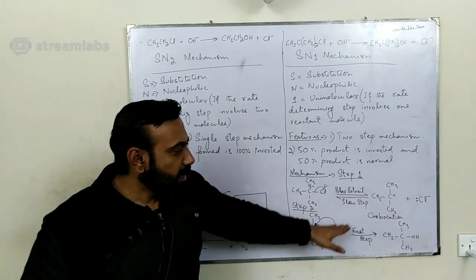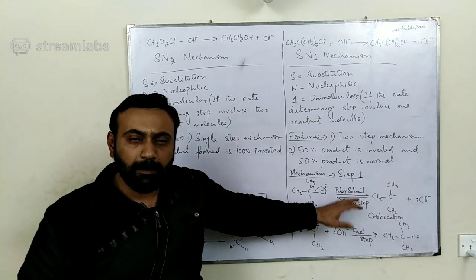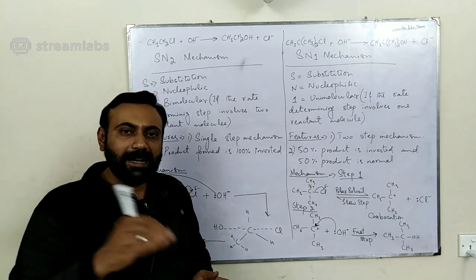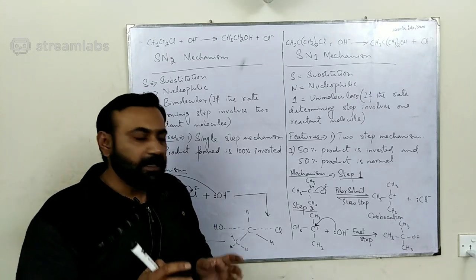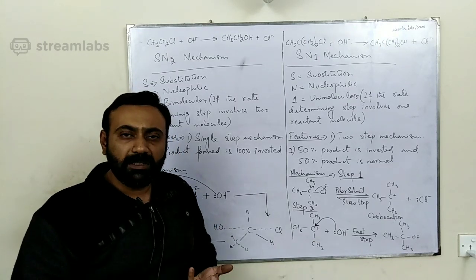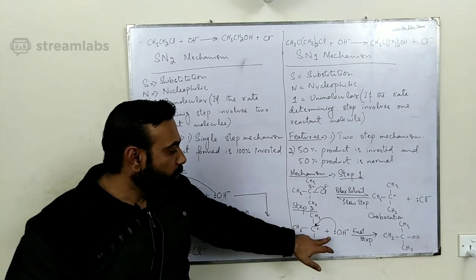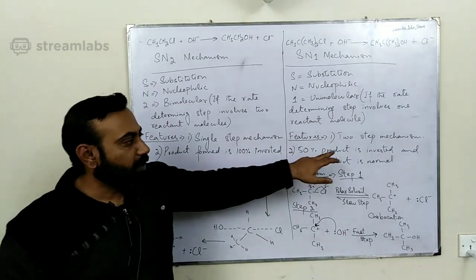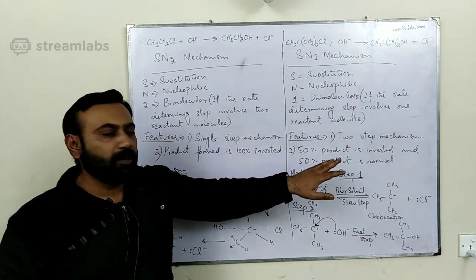But in this case, in the first step, one nucleophile was detached. The other nucleophile attacked the carbon atom in the second step. This is why it did not have any restrictions about which side to attack from. So this justifies the statement that 50% of the product is inverted and 50% of the product is normal.